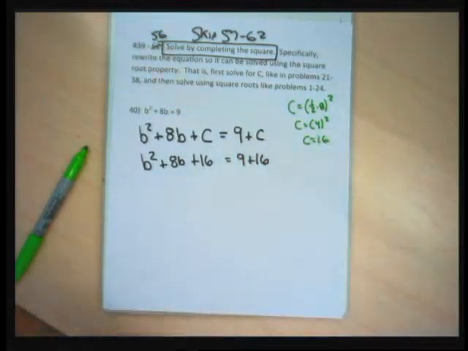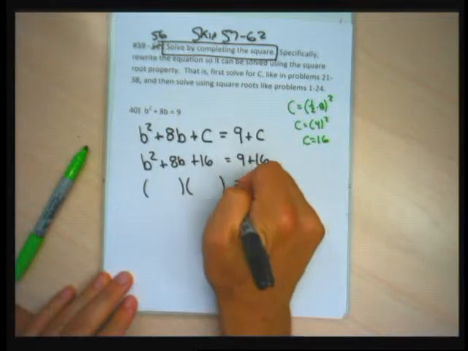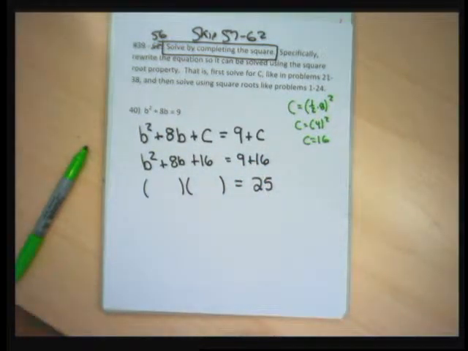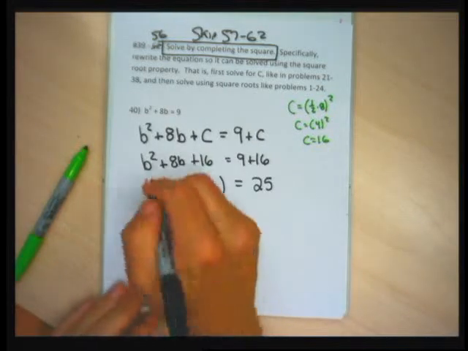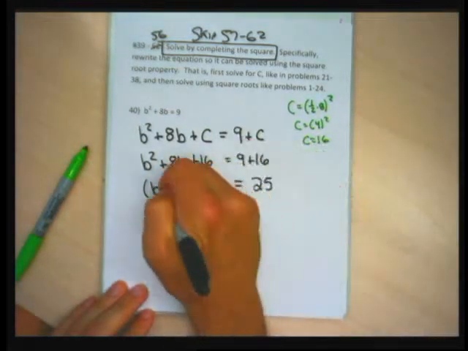So the problem didn't start off with a c, but completing the square requires me to solve with a c. So I introduce the c to both sides. I'm going to simplify each side. I'm going to factor the left side. And on the right side, I don't need my calculator to know what 9 plus 16 is. It's 25. On the left side, I'm going to factor. I know my firsts are a couple of b's.